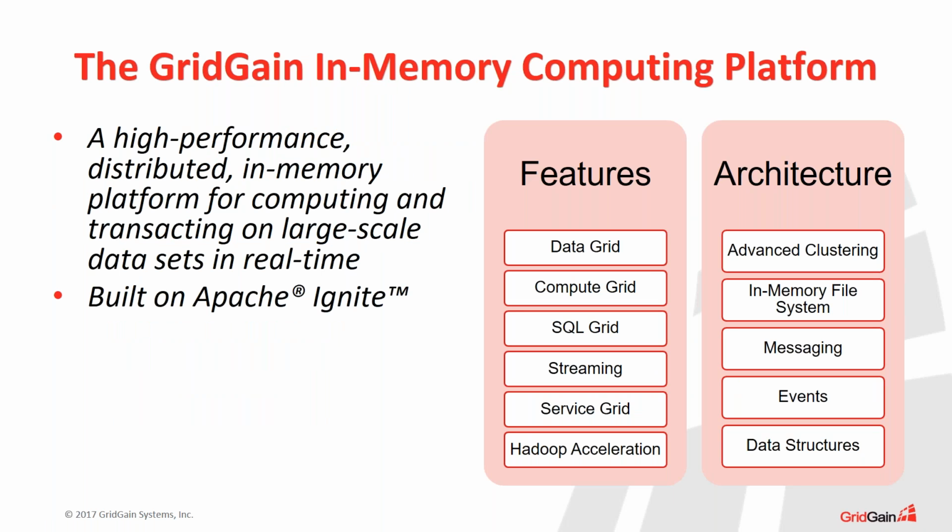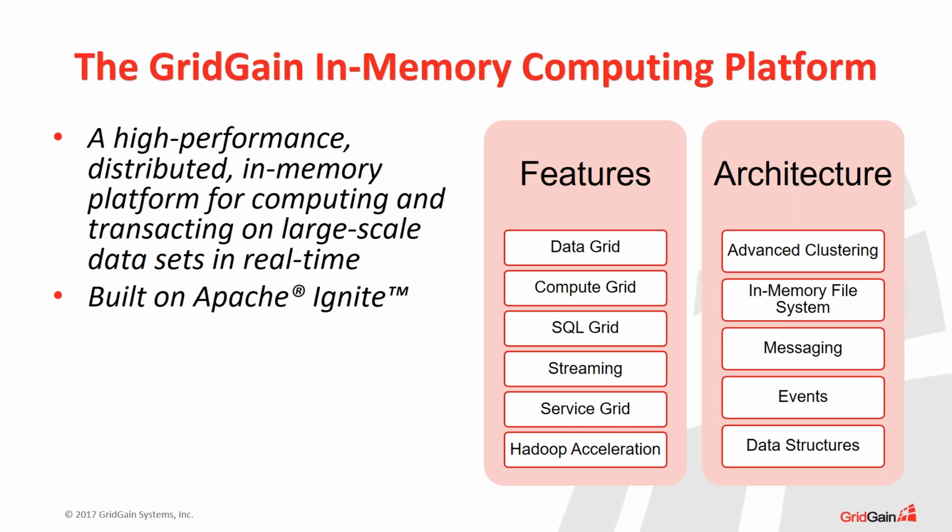And what are these capabilities, you might ask? I showed this slide before. Basically, we split our feature set out into what we call grids: a data grid, a compute grid, a SQL grid, streaming data analysis, and the service grid that ties it all together.